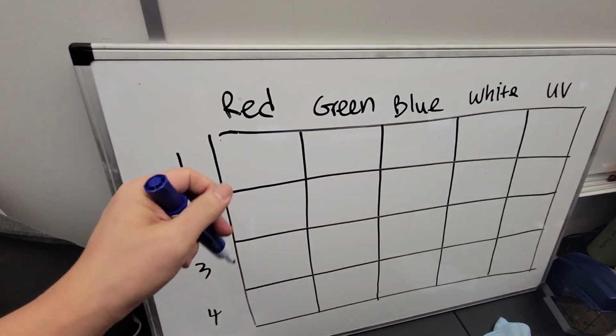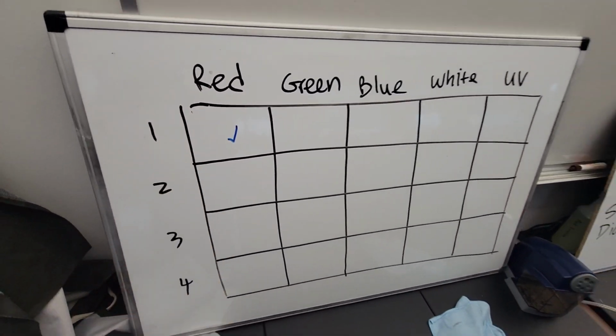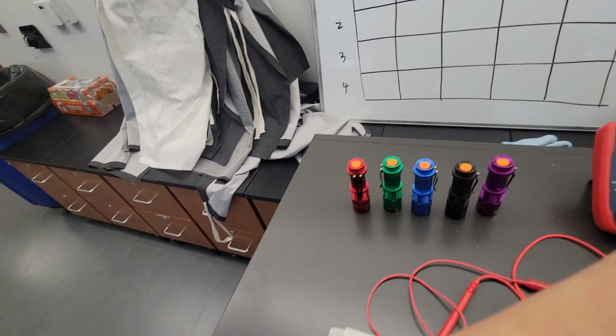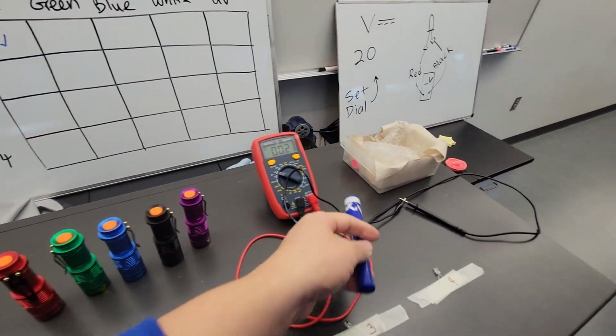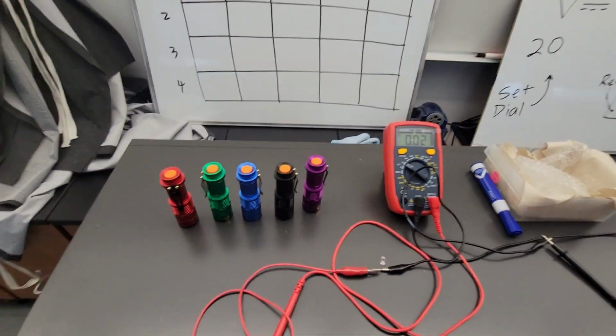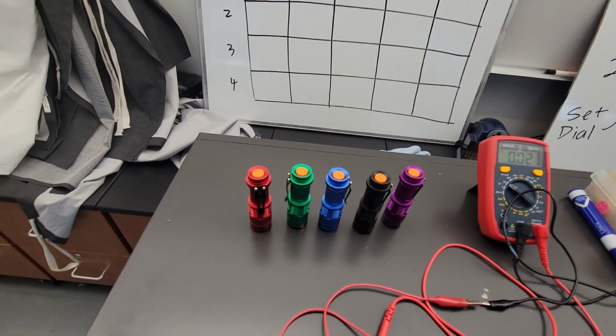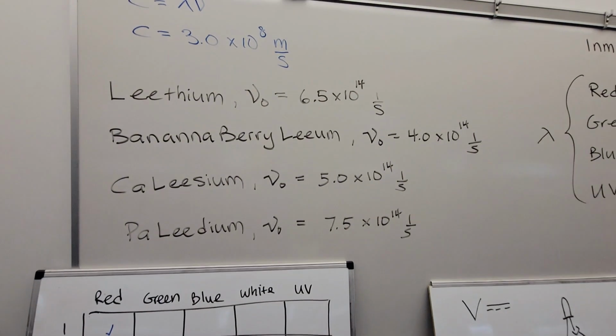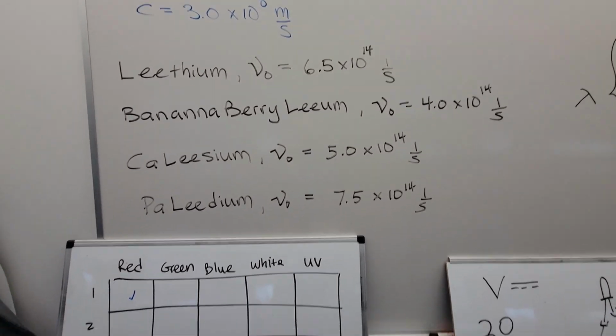So I'm going to record that here. Red light had enough energy, or the wavelength was short enough, or the frequency was high enough, if you want to say. So the frequency of the red light is greater than the threshold frequency of one of these metals.